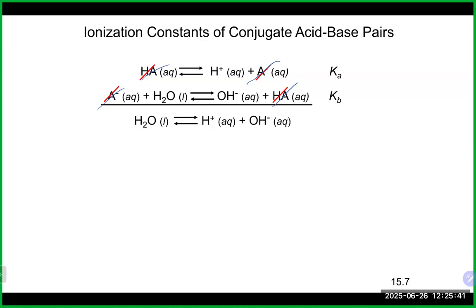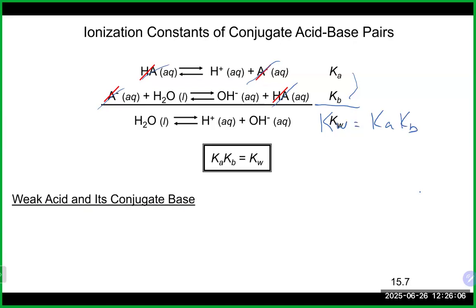So your Ka and a Kb, when you add them together, basically gives you water, because they're almost like the reverse of each other. By the way, when we add reactions with K values, what do we do with the K values here? We multiply them, right? We don't add them, so we multiply them. And that, by the way, gives us a relationship which is really important: Kw equals Ka times Kb.